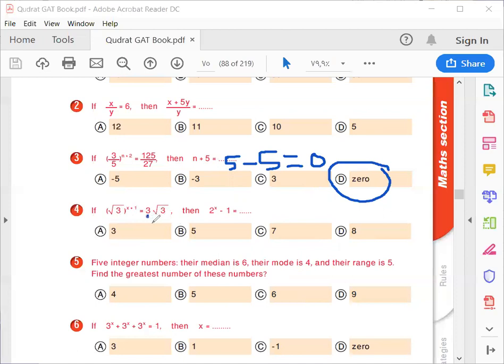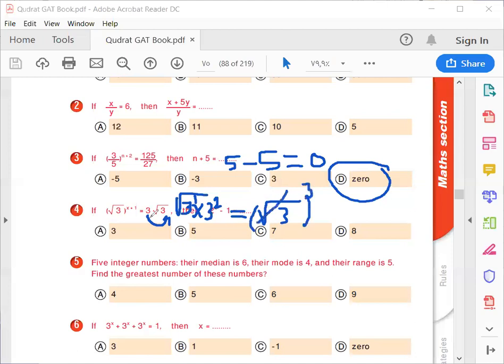That means if you put it inside, then it will be 3 times 3 to the power 2, right? Because you put it inside. Then we can write it another way. You can write square root of 3, because here it is to the power 1 and here to the power 3.